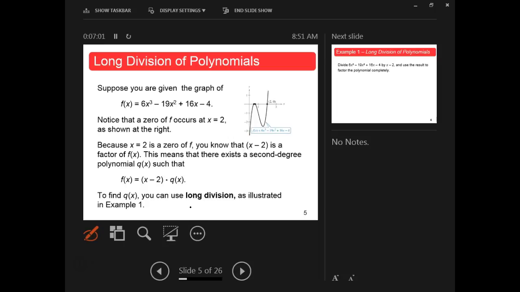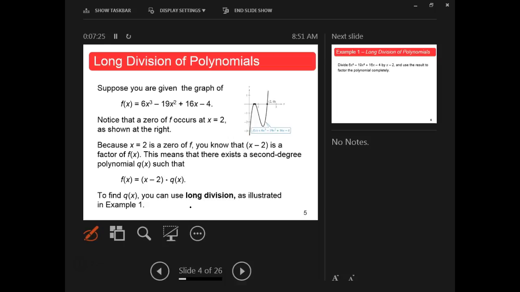And that means there exists a second degree polynomial that you can multiply by x minus 2 to get your original function. In other words, you can divide x minus 2 into that function and use long division. Later, we'll learn you can use synthetic division, but let's do long division first.